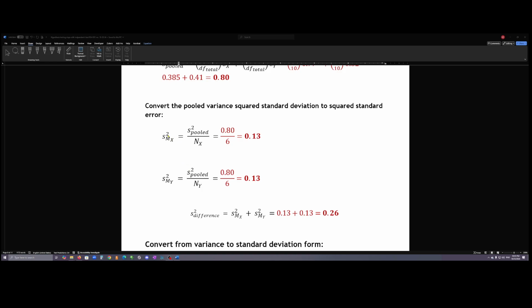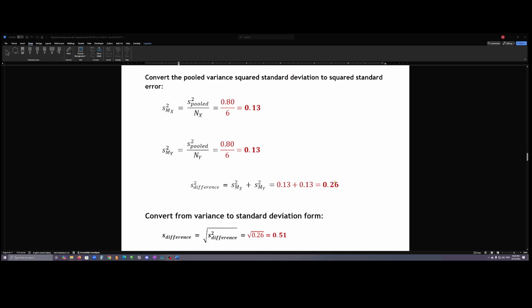So this number and this one, 0.13 plus 0.13, gives us 0.26. So that is our squared estimate of the standard error of the comparison distribution.